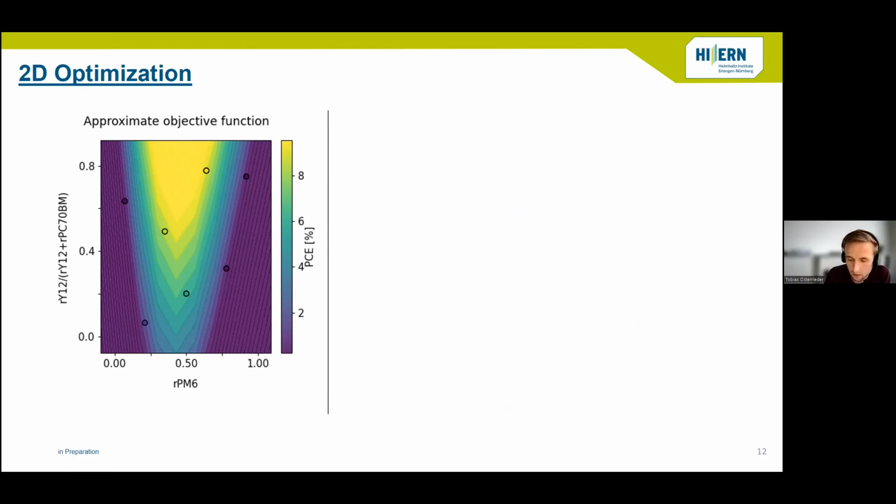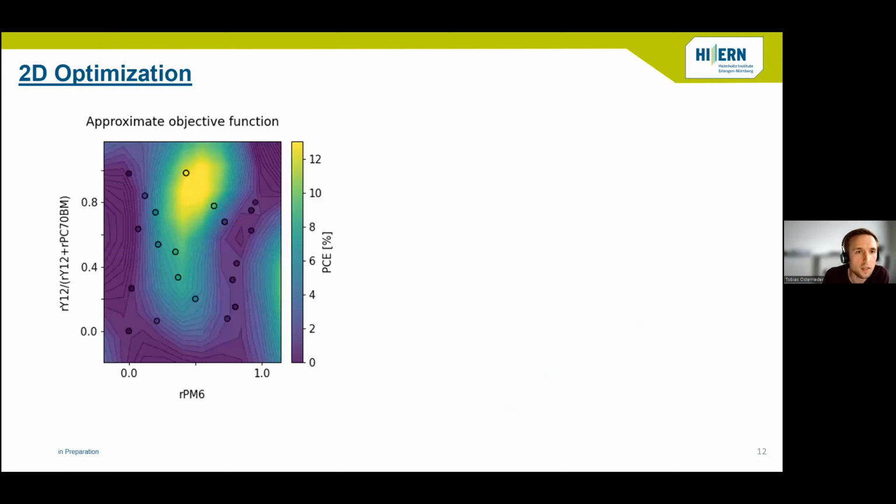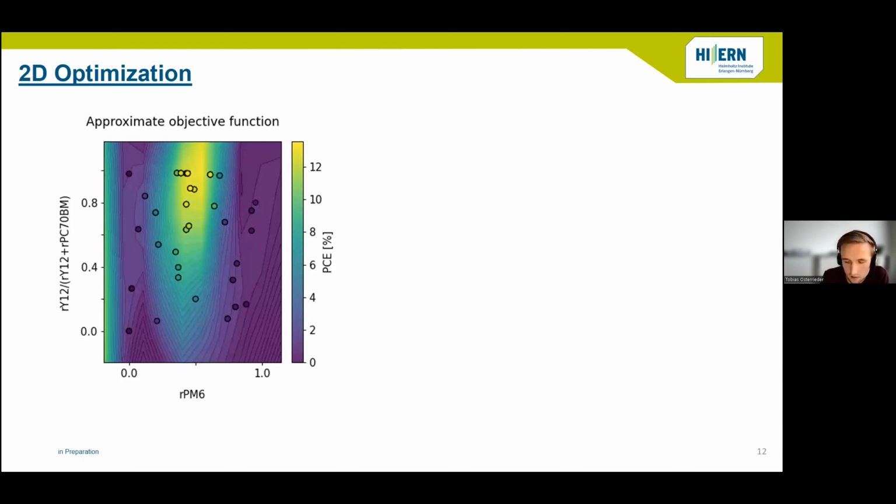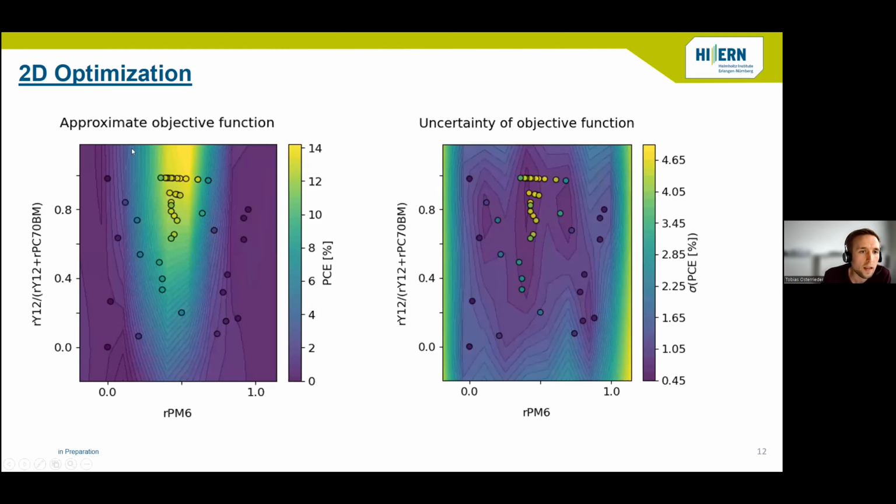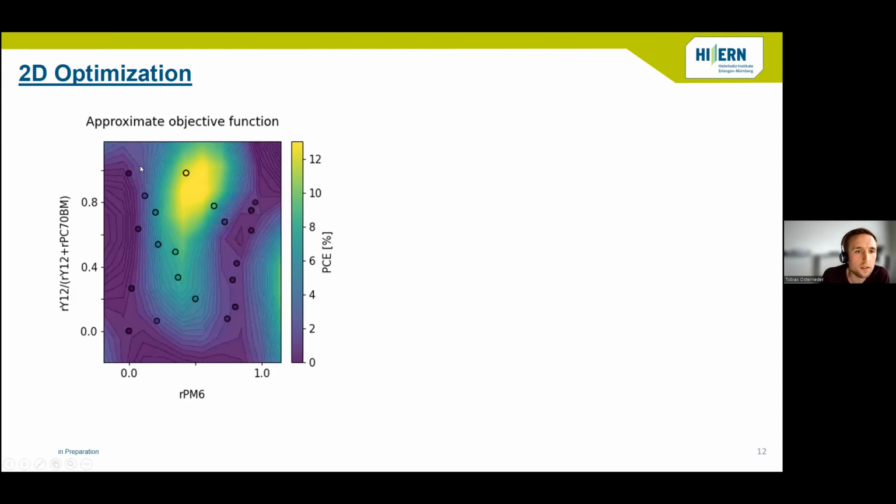And then if we increase the number of samples, this is after 3 iterations, after 5 iterations, and finally after 6 iterations, we can see that at the start we used a little bit of exploration behavior.